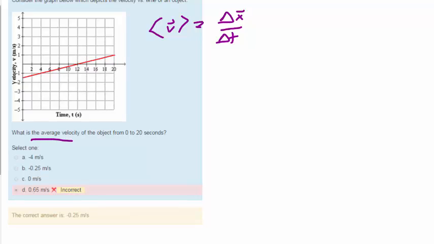Okay, so our displacement can be found from this graph by, again, finding the area of this triangle and then finding the area of this triangle. So clean that up a little bit. So the area of this triangle would be negative 1.5. I'm reading that off right here.